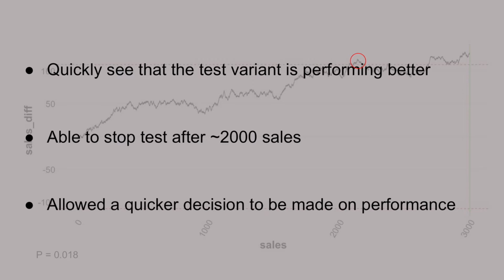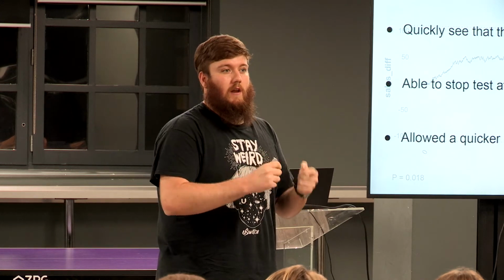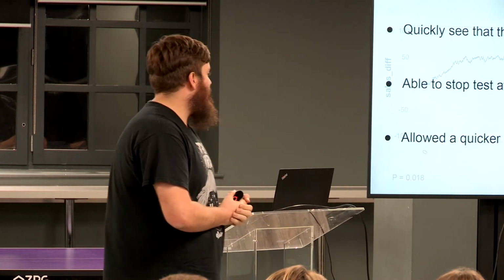It allows us, and everyone, to quickly see that it's performed better. It also means that in this case, we'd be able to stop the test about two-thirds into the number of sales we'd expected. So we can quickly make changes, and if you make changes quicker, the little marginal gains make a lot of difference there.